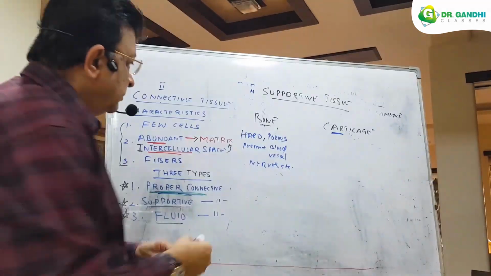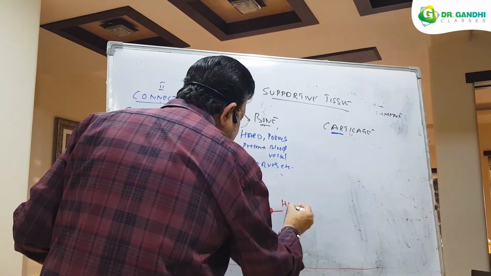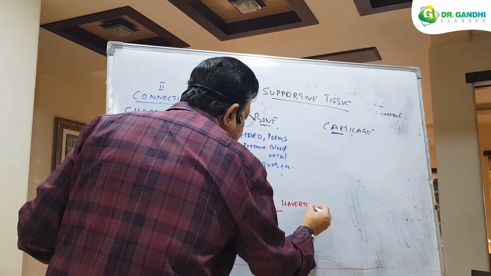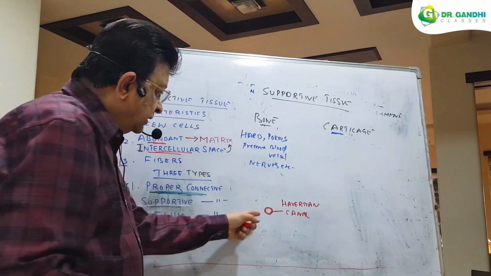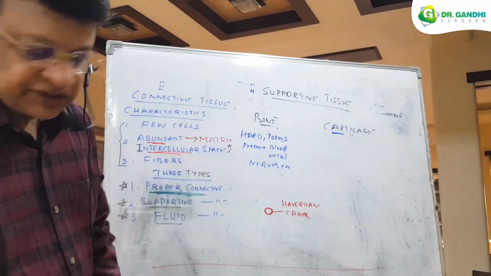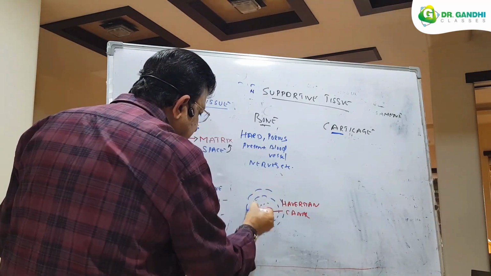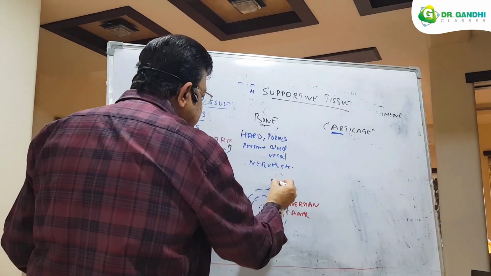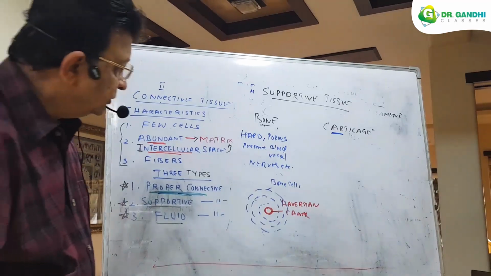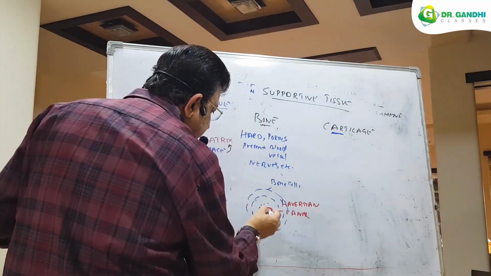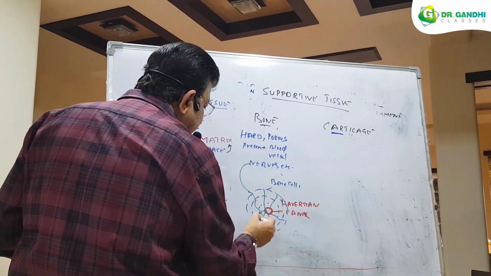The bone under the microscope has a central canal known as the Haversian canal. Around that, the bone cells are arranged in a concentric manner. So you can see these are bone cells, and through the Haversian canal come blood vessels and nerves.